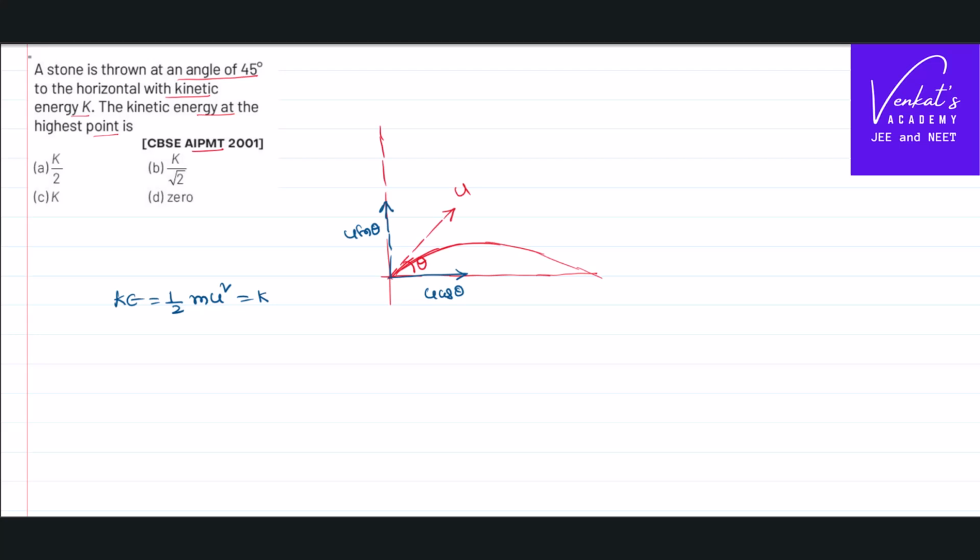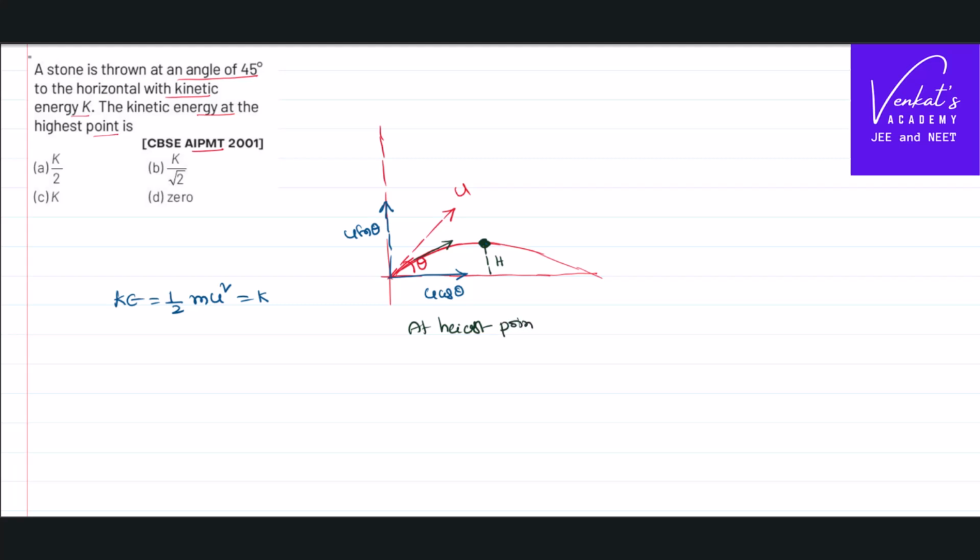Now, what happens to the velocity at the highest point is the question that we need to understand. At any point, velocity is tangential. When you say highest point, what do you mean by the highest point?